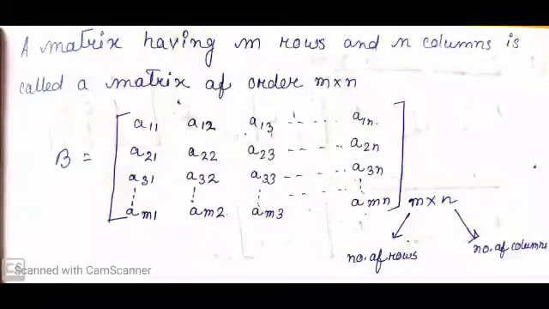In this way, the last row is Am1, Am2, Am3 dot dot up to Amn. So Amn is the element of the mth row and nth column. Suppose Am1, what is Am1? Am1 is the element of the mth row, first column. And the order of the matrix becomes m by n. The number of rows here is m and the number of columns here is n.